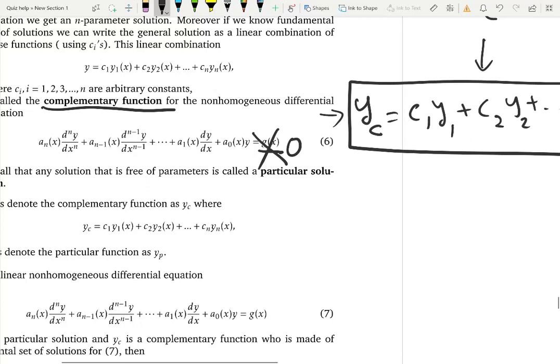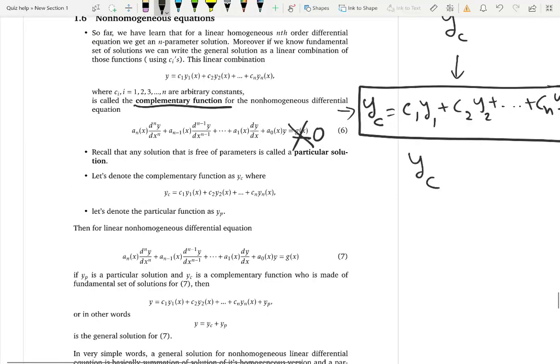So you first solve that, and we find y sub c, the complementary solution of that homogeneous equation, or I should say the homogeneous version of the original non-homogeneous equation. Okay, all right. Now after you find that y sub c, what you do is you replace that g.